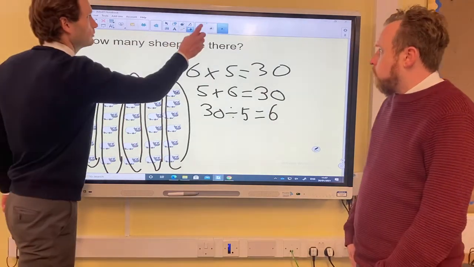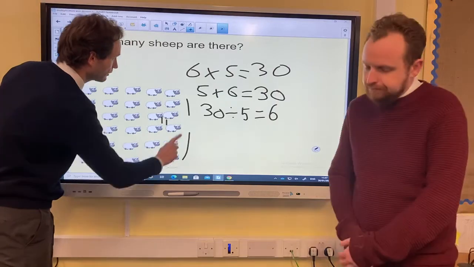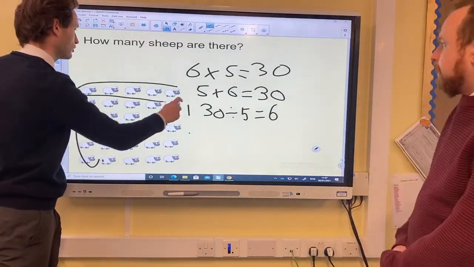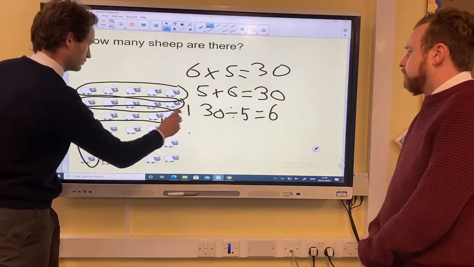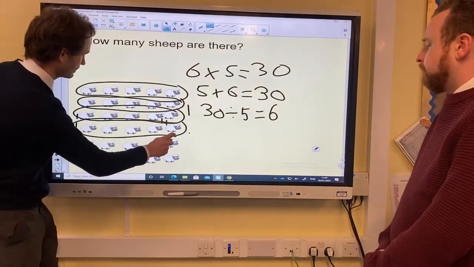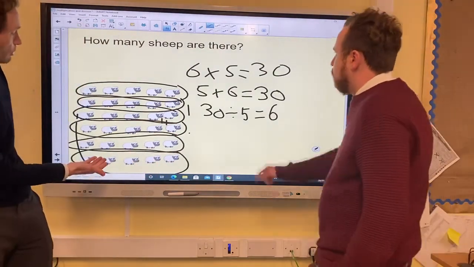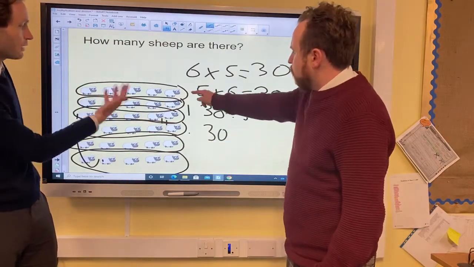Okay. Well, as we're doing this, we might as well split it the other way. Let's divide it this way into groups of 5. Oh, gosh. Sorry, it's getting very messy, but it's fine. Right, so I've put my sheep onto a nice plate. So you had 30.